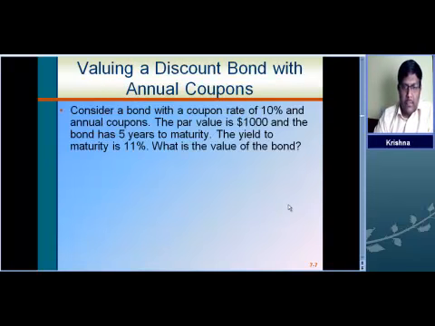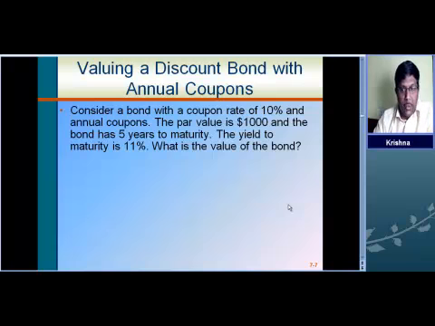Now we will consider a problem on how to calculate the bond valuation. Here the par value is $1,000. Coupon rate is 10%. The bond has a life of 5 years, that is, 5 years to maturity. We have to find this wording clearly. They are not telling us the term of the bond.